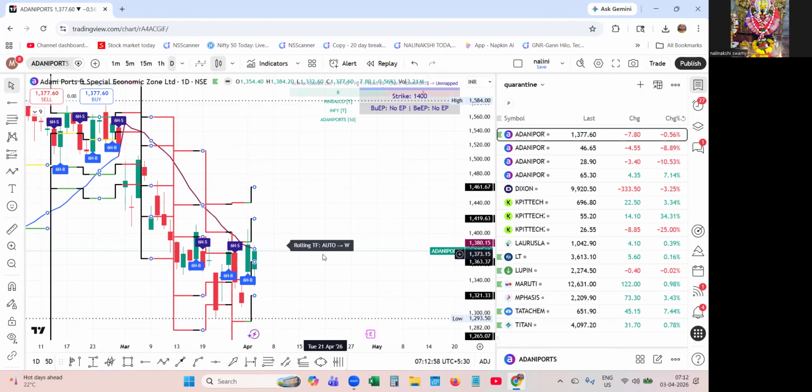Some important events you can concentrate on and learn, like distribution and accumulation. Accumulation and distribution phases are very important.